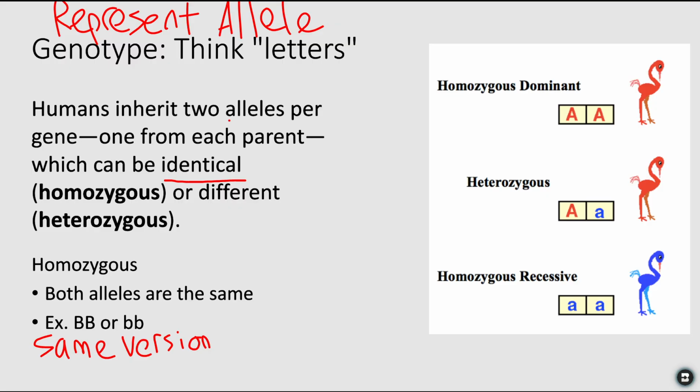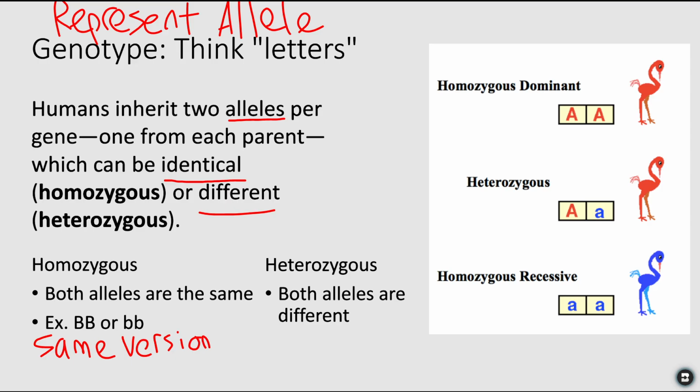And those versions are called alleles. Or maybe mom and dad gave you a different version, which we call heterozygous. And heterozygous is represented by two different versions of an allele. So if we look at these examples on the right side, homozygous genotypes mean both versions are the same.